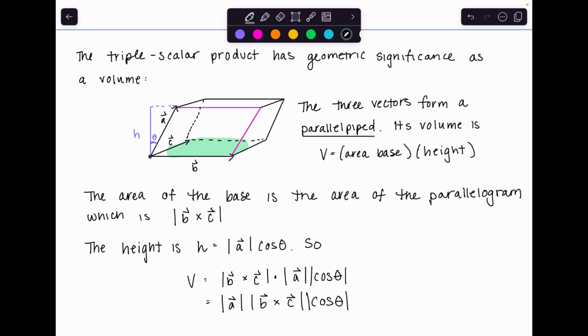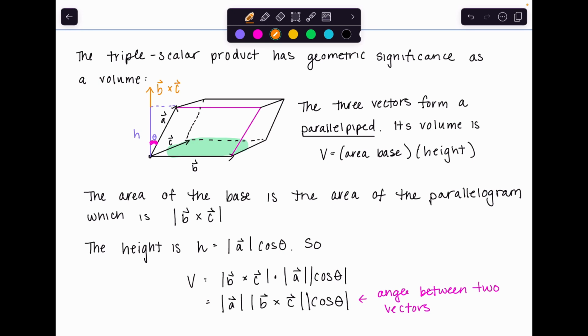This really looks like our angle between two vectors formula. The problem is this theta would be the angle between A and B cross C. But what I have right here is theta is the angle between H and A. However, because this is the third dimension, remember the cross product gives you a vector that's orthogonal. So this vector, B cross C, will be in the same direction as H. So B cross C will point in this direction.